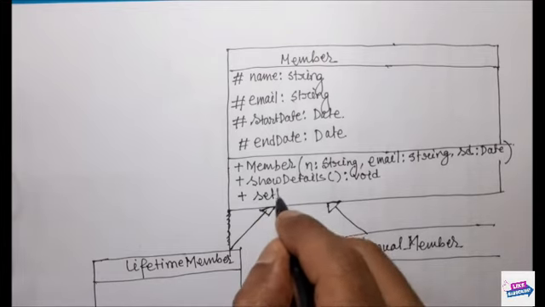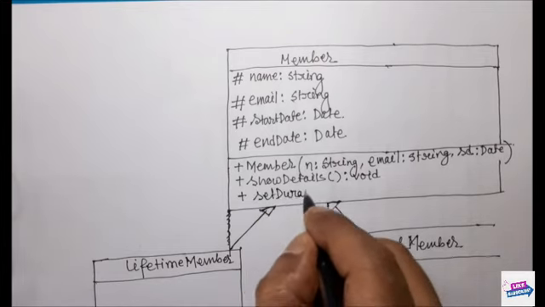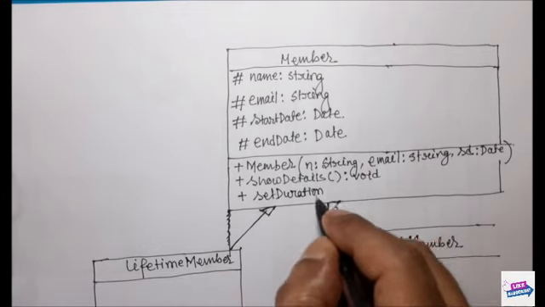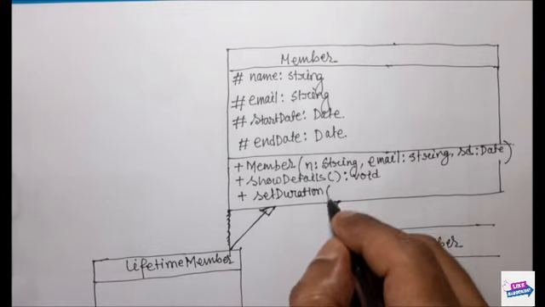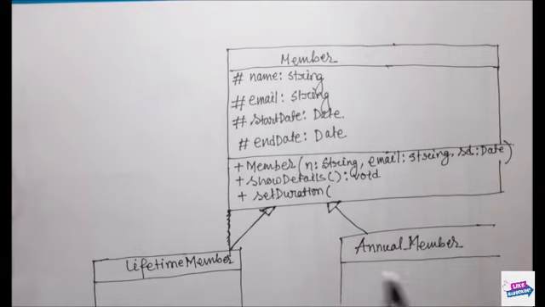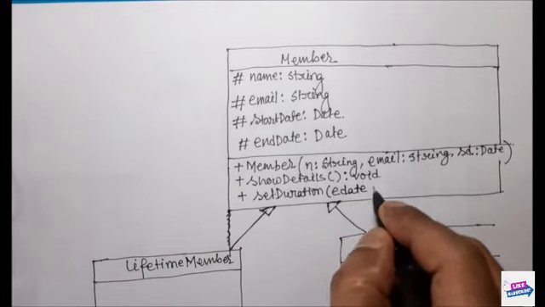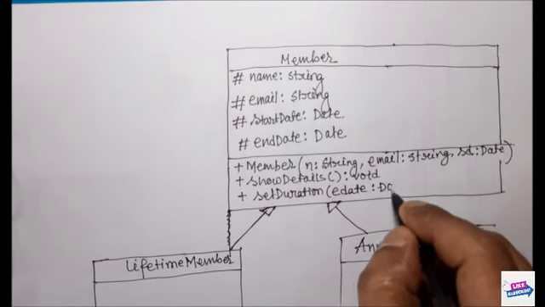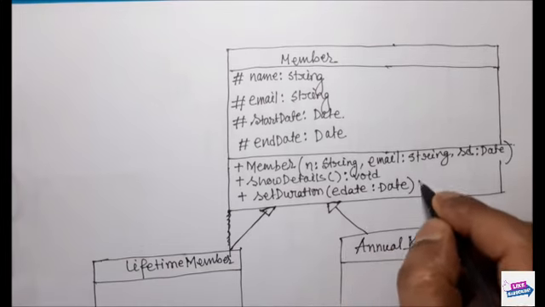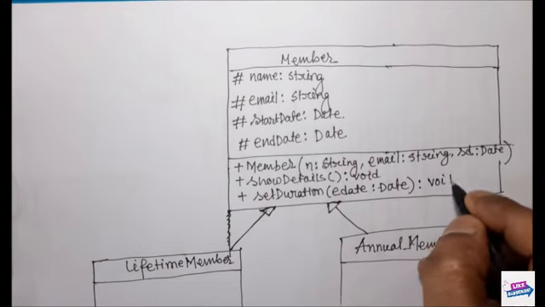In this method we specify an end date, type is date, and return type of this function is void.